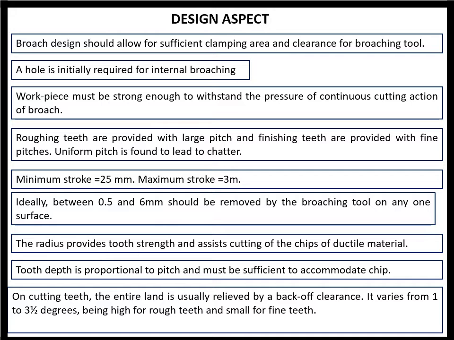Small components, fragile components cannot be broached because a strong workpiece is required to withstand the pulling force or the cutting force which is required for continuous cutting action of the broach.